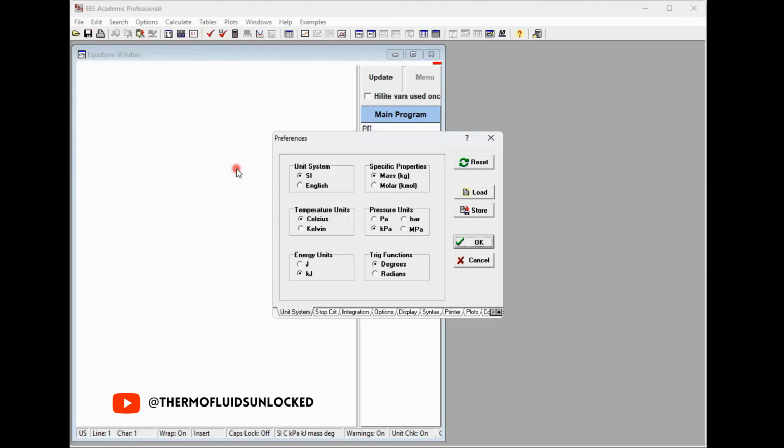If you put in a number that is naturally a Celsius value, and the setting is on Kelvin, obviously the software is going to assume that you have provided it in Kelvin. So it's really important that we set the right units for the variables that we provide to the software. I'm not going to change anything, and I just click OK.